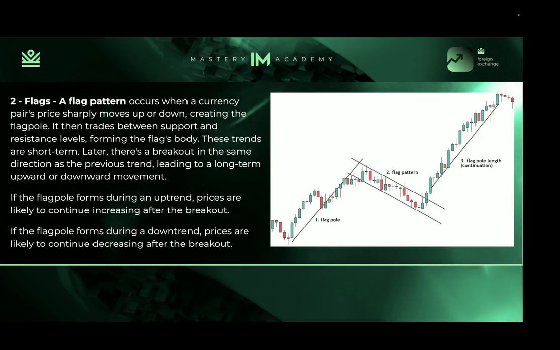Here's an example of a flag pattern. A flag occurs when a currency pair's price sharply moves up or down, creating what we call the flag pole. It then trades between support and resistance levels, forming the flag's body.